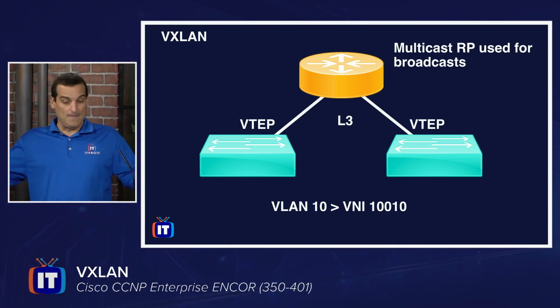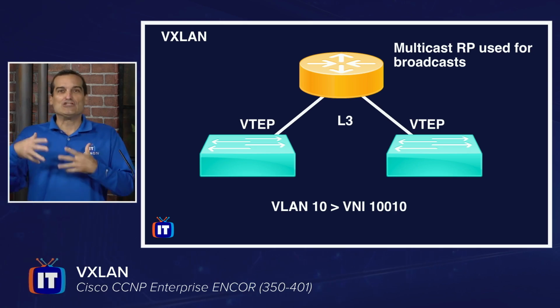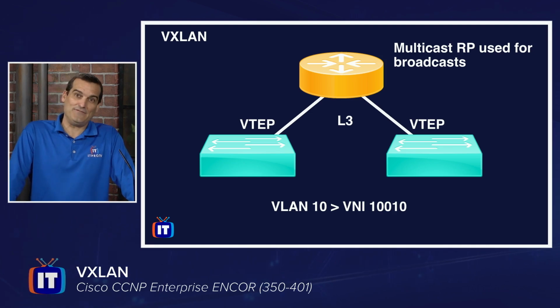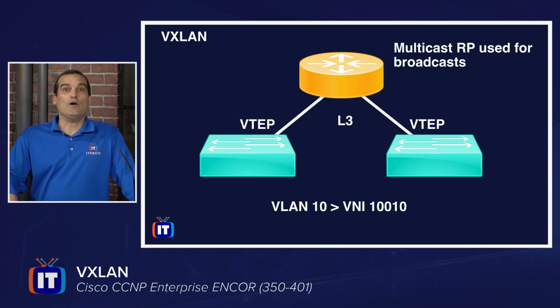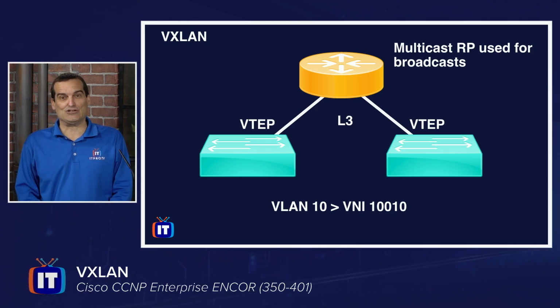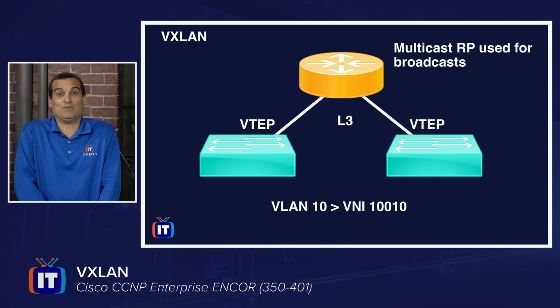So we could do like 1010 to represent everything that had been identified by VLAN 10. And now this information is going to be utilized in order to give us segmentation across the entire infrastructure. And it's just a beautiful thing.